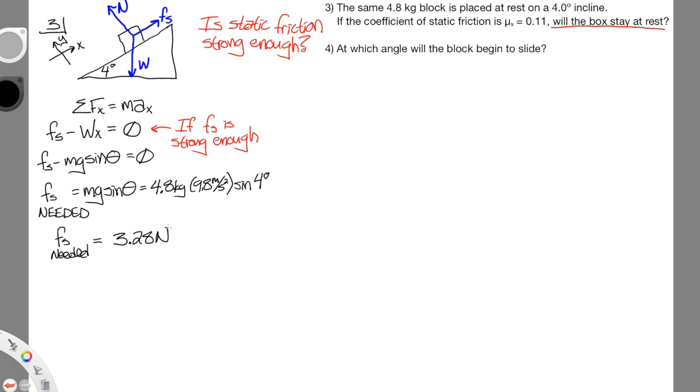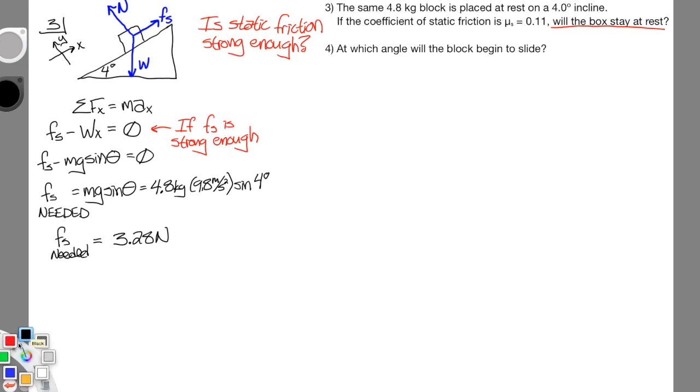So we don't have a specific formula for our static friction that will always work, but we know for this problem, if we want the box to stay at rest, the acceleration has to be 0, and if the acceleration is going to be 0, we'll need a static friction with the value of 3.28 newtons.